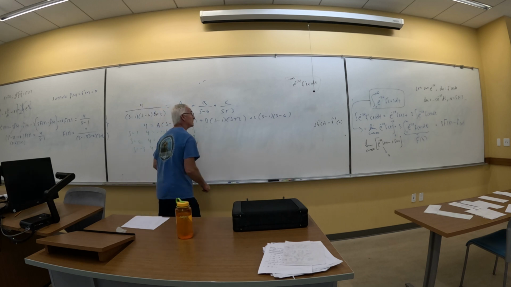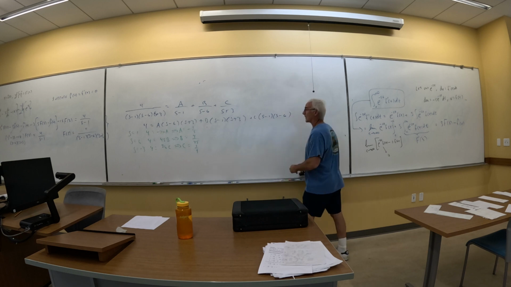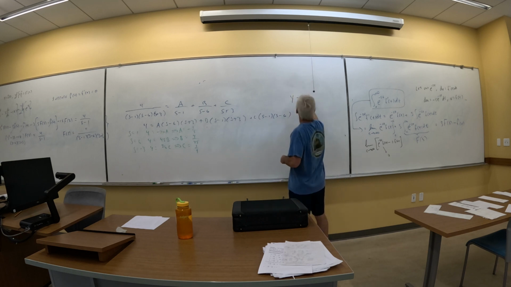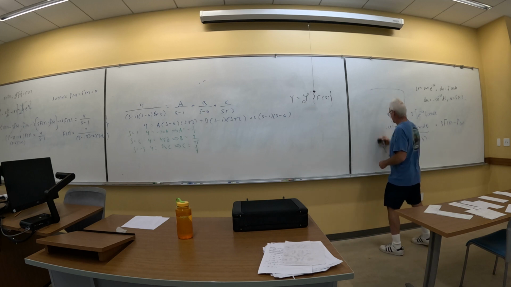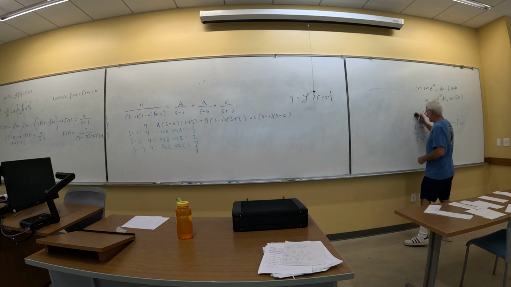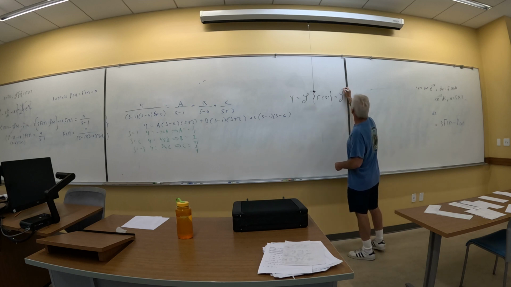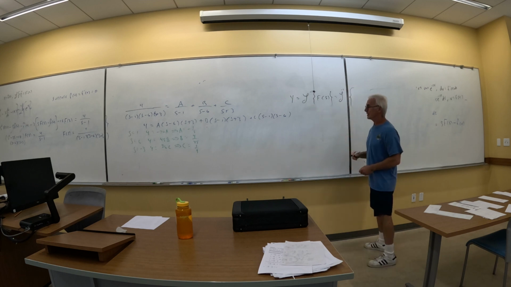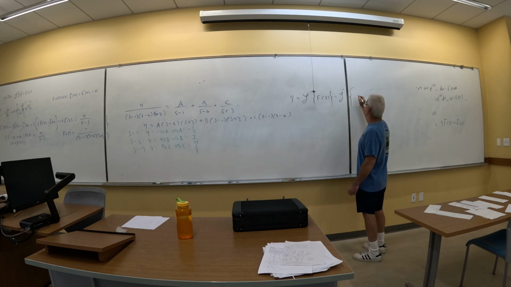That means then y, which is the inverse Laplace of F of s, is going to be the inverse Laplace of, now I would put the fractions in front, okay? I wouldn't put them on top.